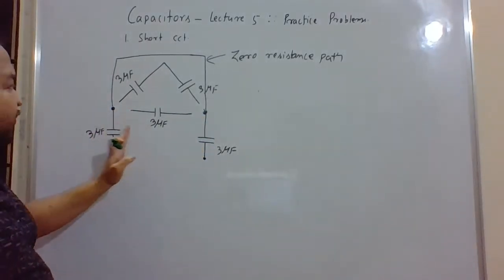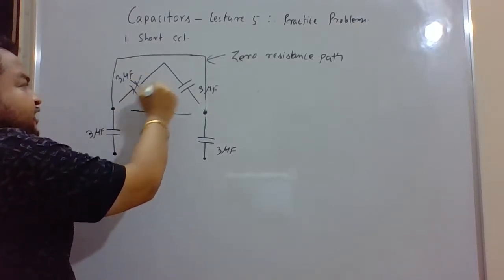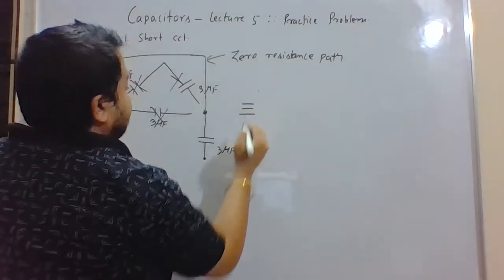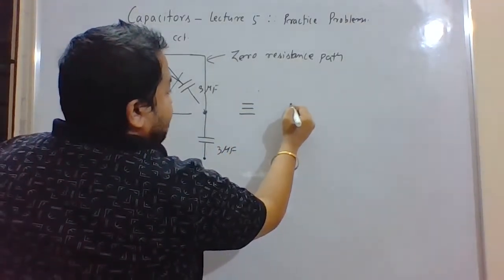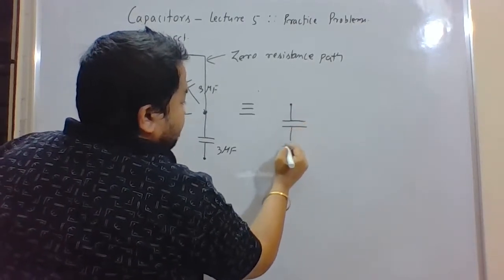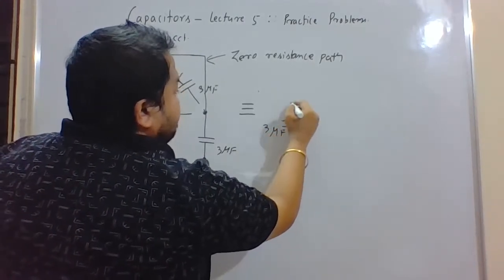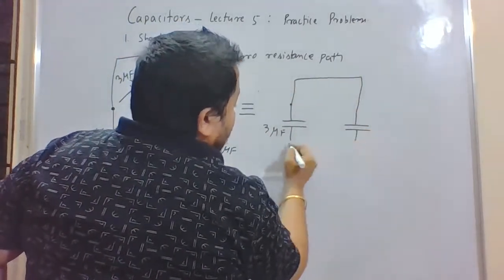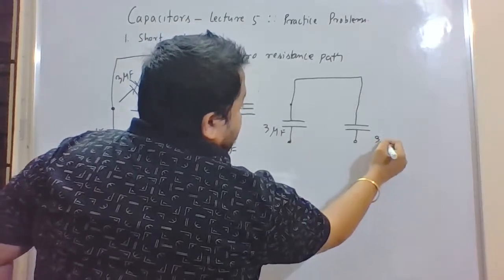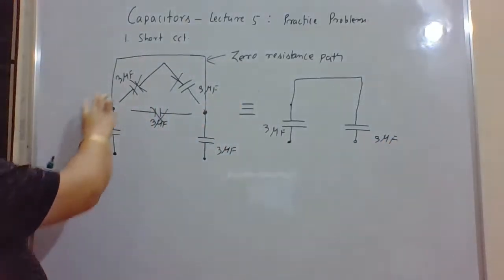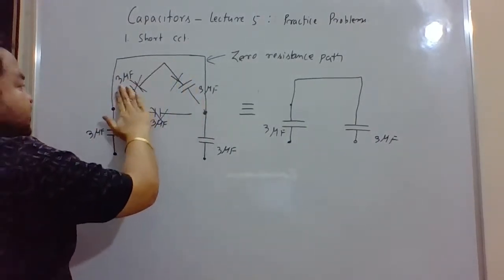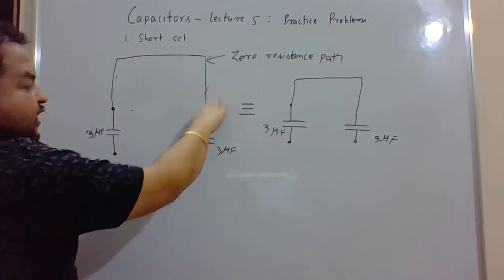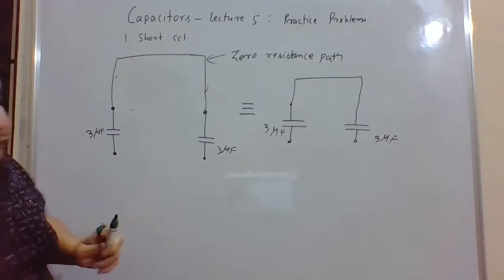Now, if all these capacitors are useless and I remove them, how would my circuit look? My circuit would look like this: one 3 microfarad capacitor here, one zero resistance path, and another 3 microfarad capacitor. As this portion is short circuited, I can safely remove all these, and that is why my circuit has been reduced to this.